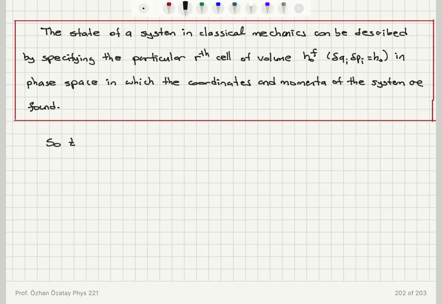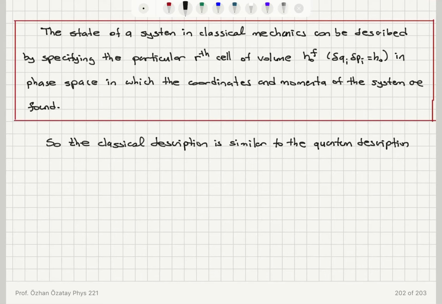So I can say that the classical description I find for the state of the system is similar to the quantum description, which is given by specifying the values of f quantum numbers.